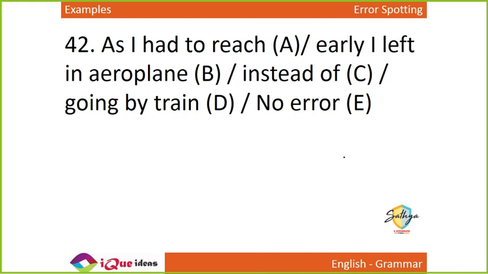Either you say I left by aeroplane, or you say I left in an aeroplane. As I had to reach early, I left in an aeroplane instead of going by train. Alternatively, you can also say as I had to reach early, I left by aeroplane instead of going by train. Both of them are okay.